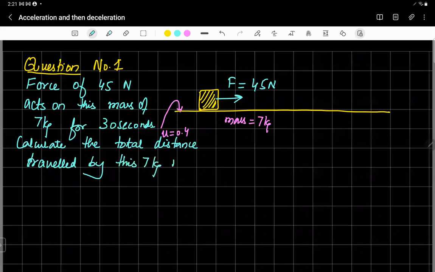Sketch its velocity time graph, acceleration time graph, and displacement time graph. So this is our agenda of today.